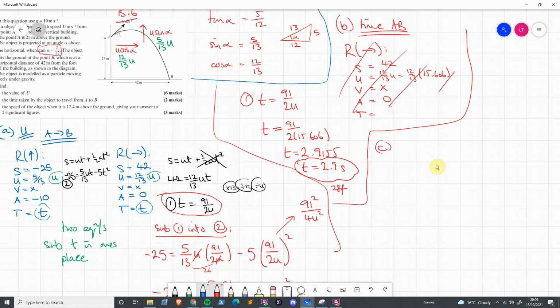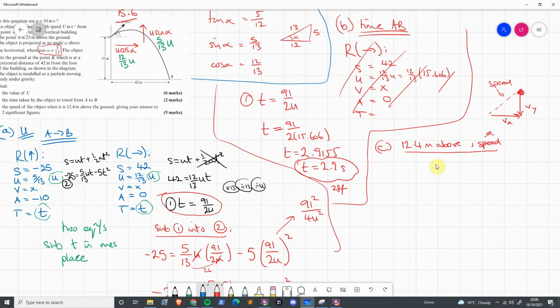And then C, the speed of the object when it is 12.4 meters above. Want to find the speed. Again, we're trying to find this, and then that's my speed. So we want the velocity in terms of across and the velocity in terms of up and down. It's most likely going to be pointing downwards, looking at the picture.